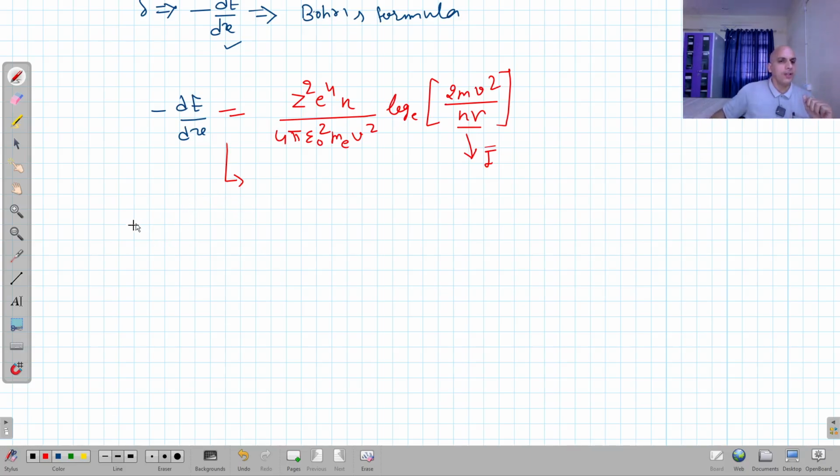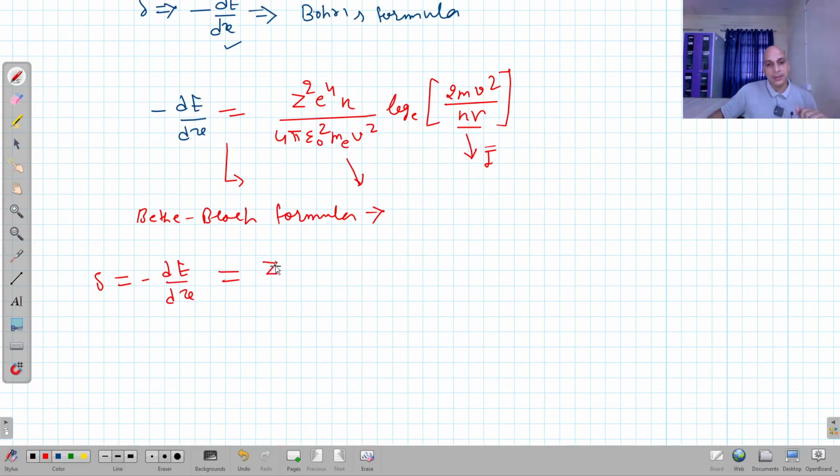So then after that we got the Bethe-Bloch formula. The Bethe-Bloch formula is basically the modified version of this formula, and it is equal to again stopping power, or you can say minus dE upon dx, the energy lost per unit length by the heavy charged particle.